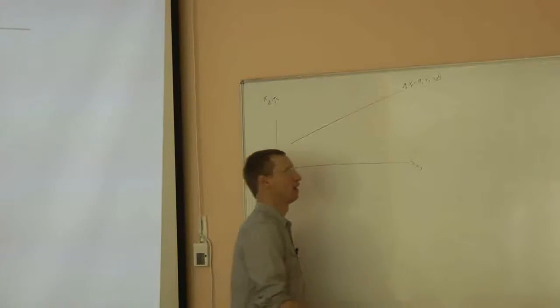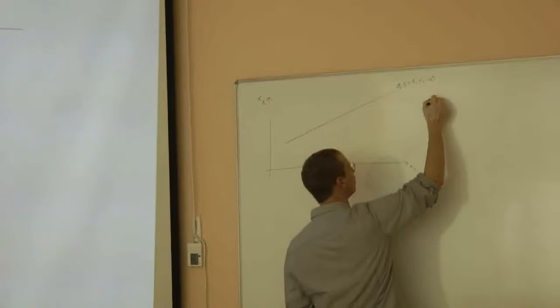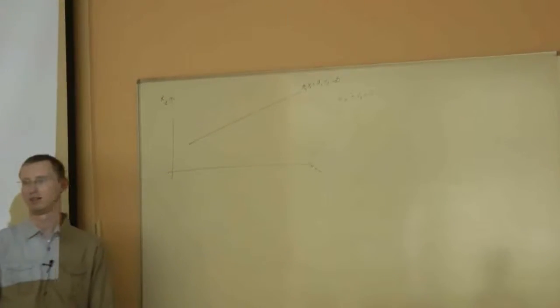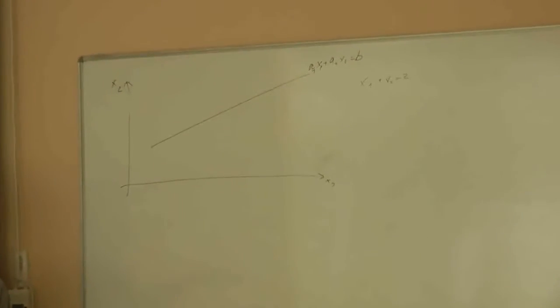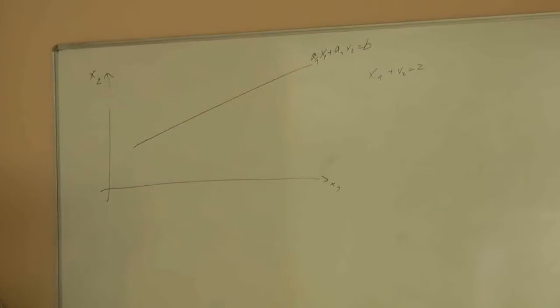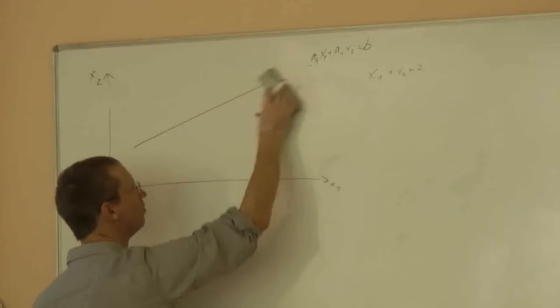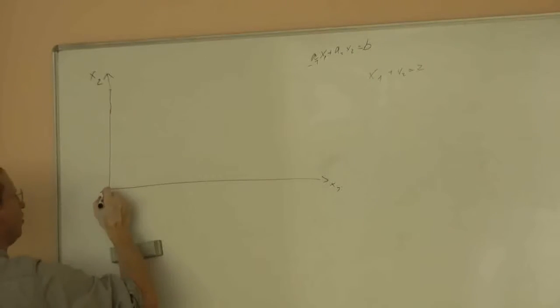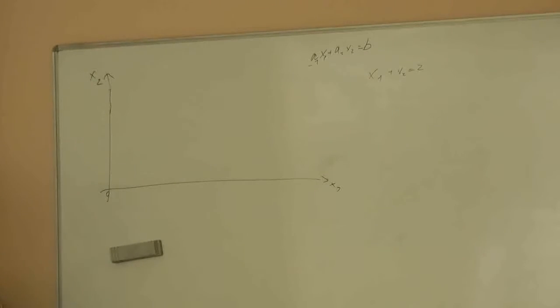Actually, what if I tell you, let's have a constraint x1 plus x2 is equal to 2. And I ask you to draw me this constraint, draw me this line. So this is 0. Okay? Draw me that constraint.